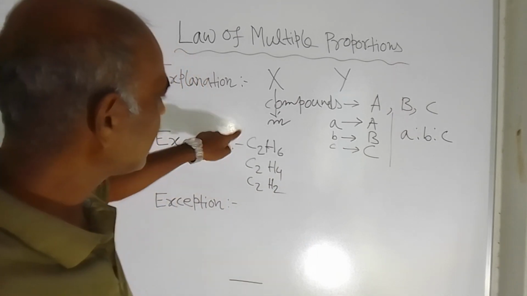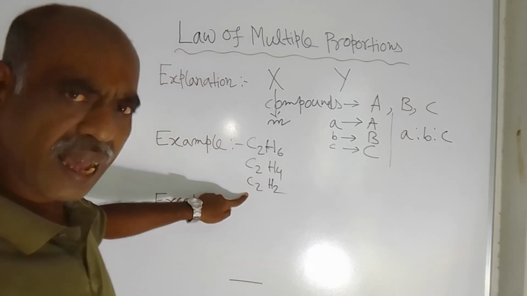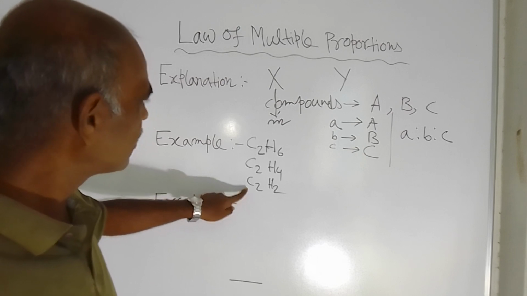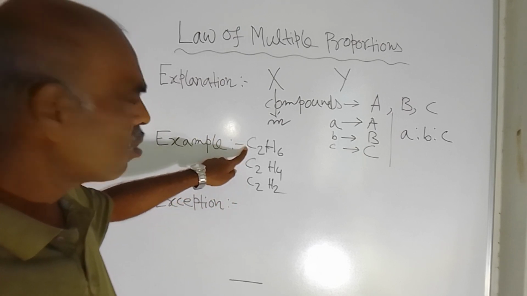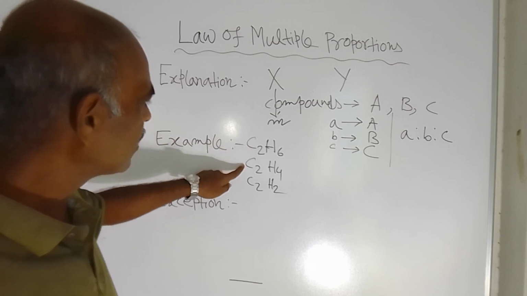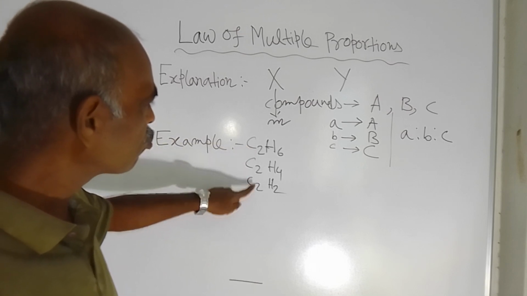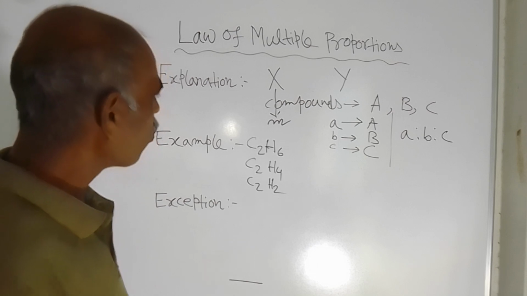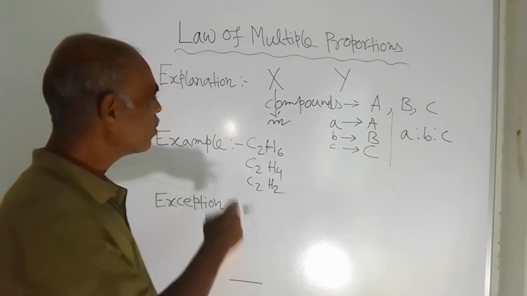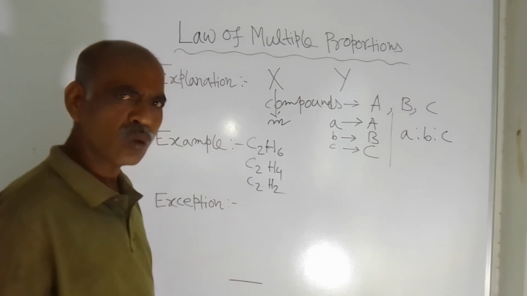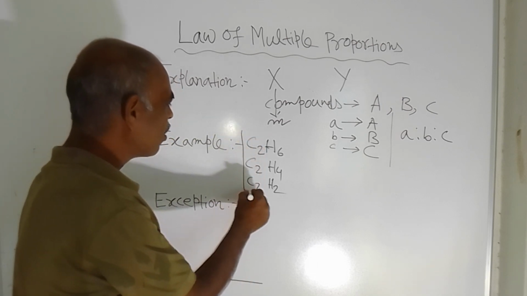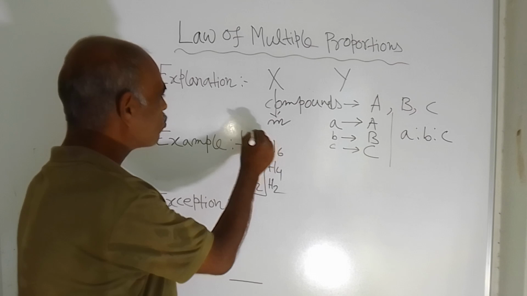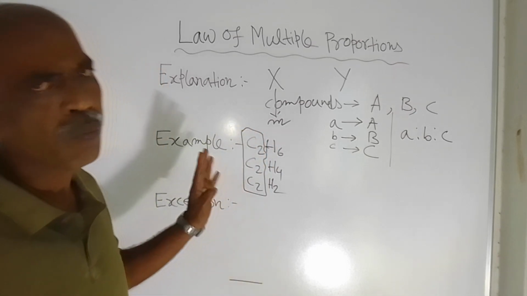Okay, ethane, ethene, ethyne or acetylene, right? Here C2, here also C2, here also C2. So you can see that what should be the mass? It should be multiple of 2. Or you can easily say that since in all these three formulae C2 is present, so mass remains fixed.